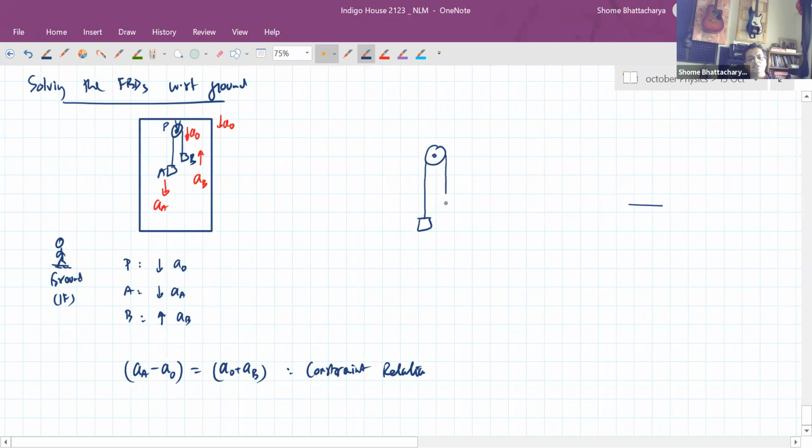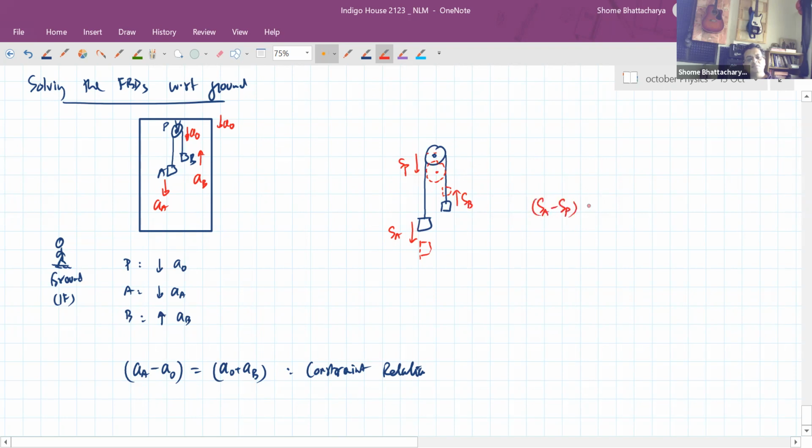The thread length is constant. So after some time, if the pulley has come down, this block has gone up and this block has come down, then the total thread length should remain conserved. So if this displacement is SA, this displacement is SP, and this displacement is SB, then this side the thread length is increasing by SA minus SP.